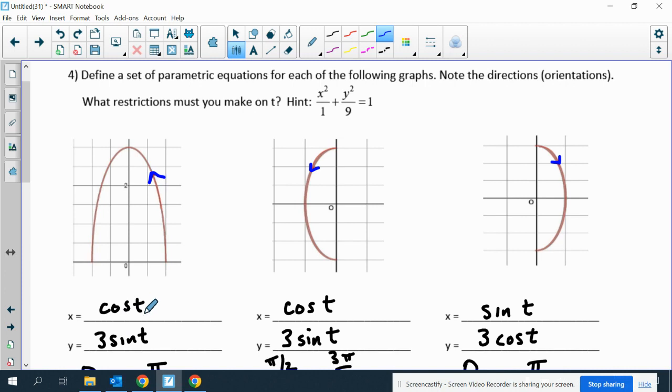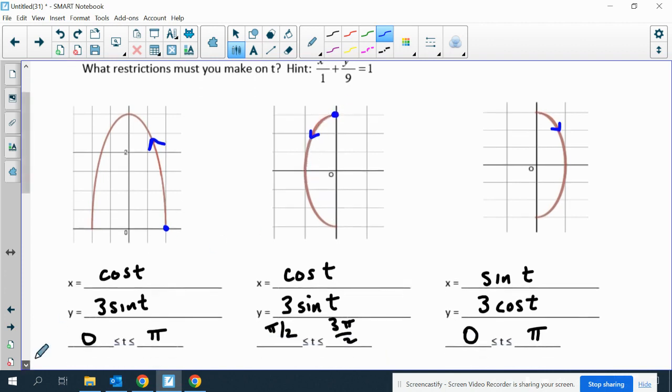If I have cosine t, 3 sine t for the first 2, I can start this one at 0 because that'll get me at 1, 0. And then at pi halves, it would get me to 0, 3, and so on. This one, I could start it at pi halves, get to pi, and then 3 pi halves. So notice that that works for both of those. This parameterization ends up working for both.